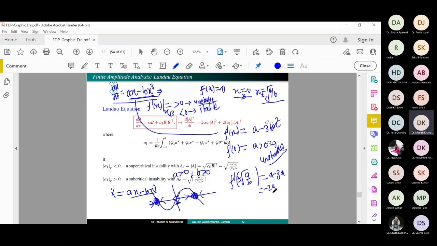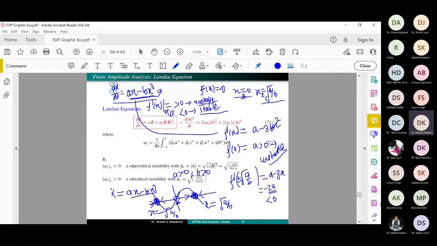A is positive, as already declared, so this whole quantity is negative, and that is a stable situation. We already declared these two points, x equal to minus root of a by b and x equal to root of a by b, both are stable. So these points are stable situations.